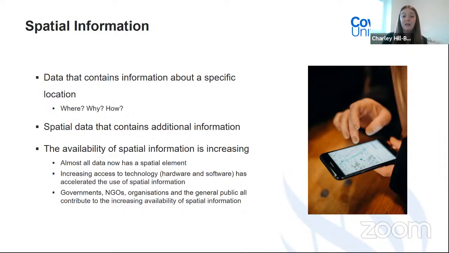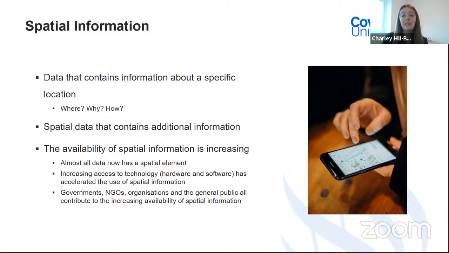With that comes the need to be able to understand and analyse that data. So our increasing access to technology, whether that is hardware like your phone, or the software that we can use to analyse that information, has accelerated the use of that spatial information. It's accelerated the use of geospatial technologies.